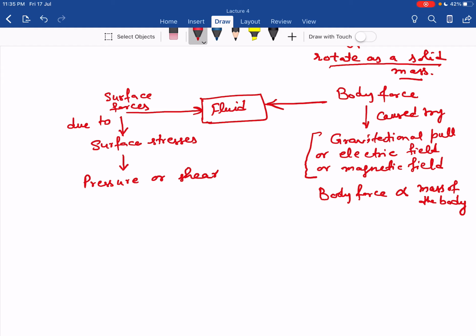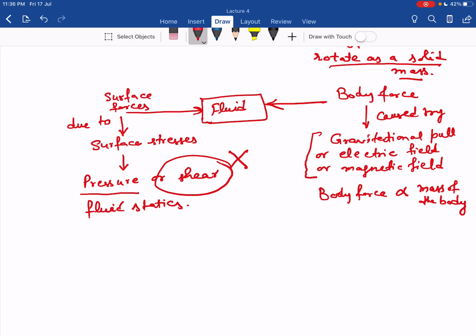So there is no concept of shear. So the surface stresses are only due to pressure in case of fluid statics. There is no shear, that means there is no relative movement between the fluid particles. So that is the fluid at rest. Then the surface force is only due to pressure.